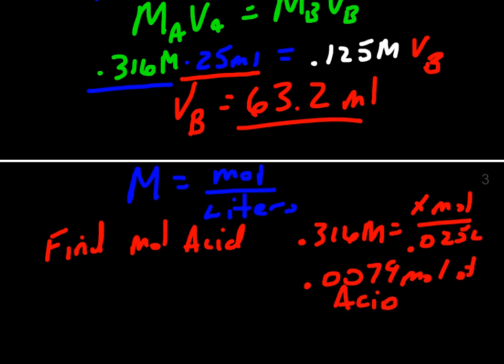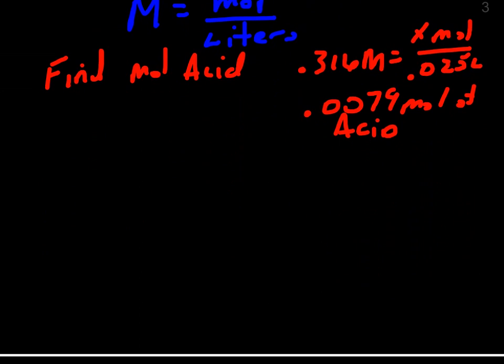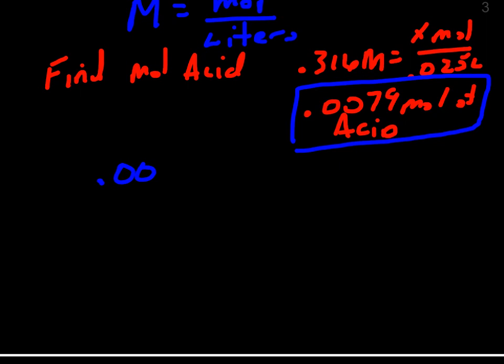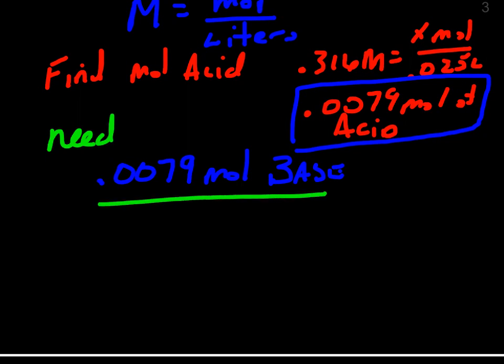Now the whole point of neutralization is that if I have this many moles of acid, that means I need to neutralize it with that many moles of base. That's the whole point, all right? Moles of base. So that's what's needed. I need that amount.